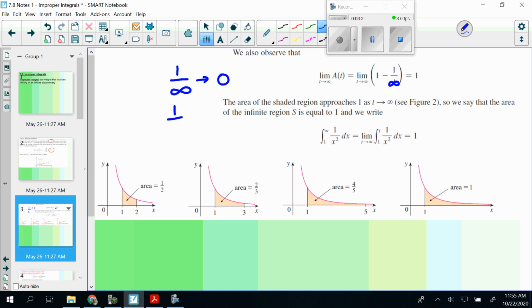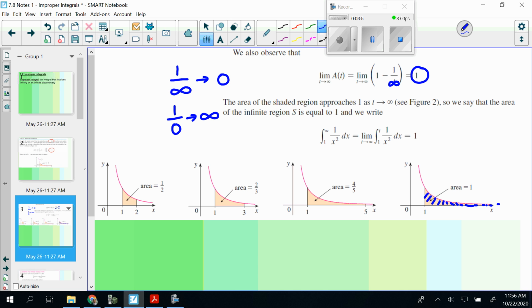Just like if you have 1 over something as it approaches 0, that would be infinity, because 1 divided by a very small number would be very large. So basically up there we get 1 minus 0, which would be 1. So the exact area under that curve from 1 all the way out to infinity, even though that graph never touches the x-axis, is exactly 1.